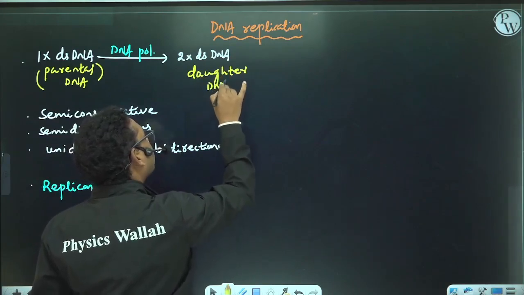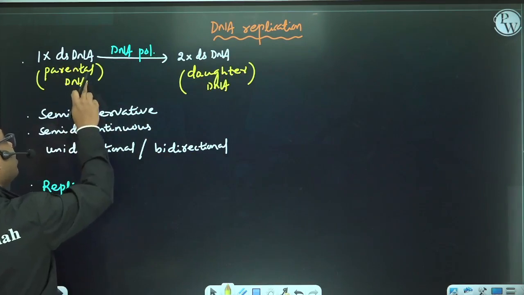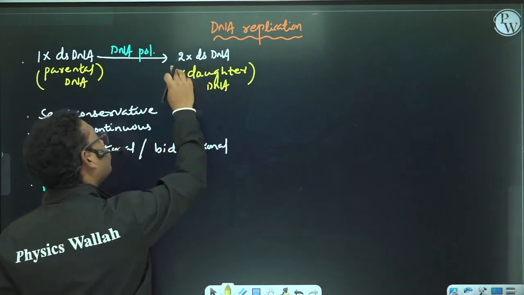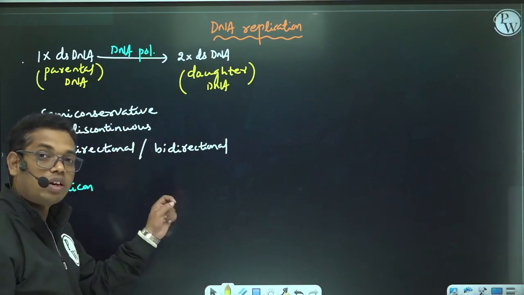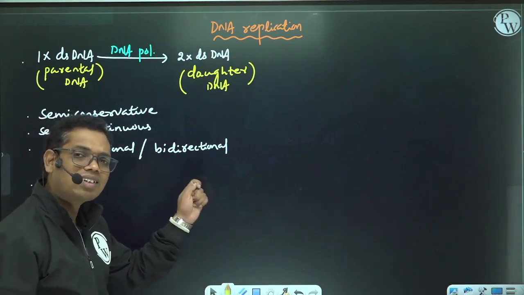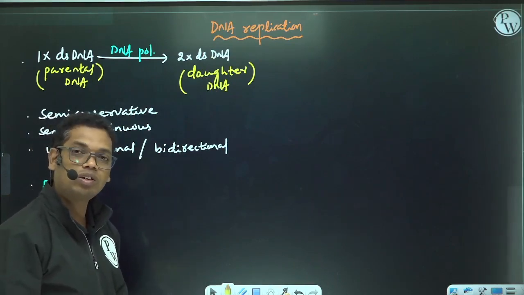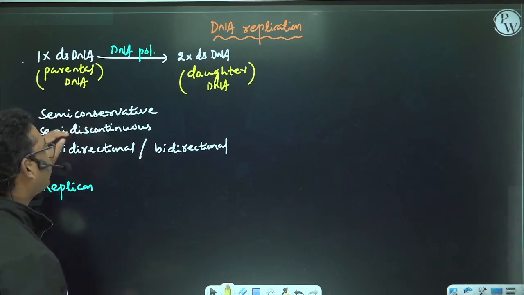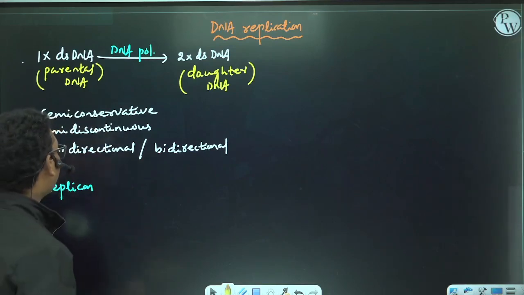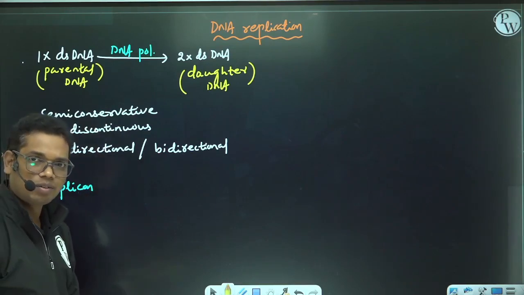So I will say DNA replication is that process in which one parental DNA is converted into two daughter DNA molecules, and these two daughter DNA molecules are exactly identical to the parental DNA. Okay, and this DNA replication is always semi-conservative. It is always semi-discontinuous. It can be unidirectional or it can be bidirectional.